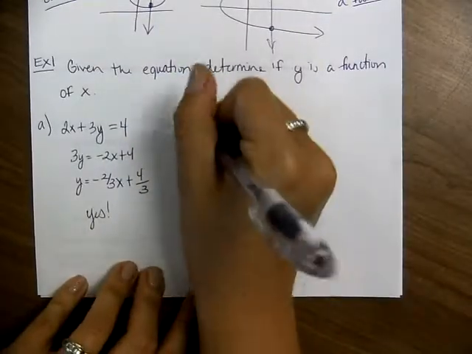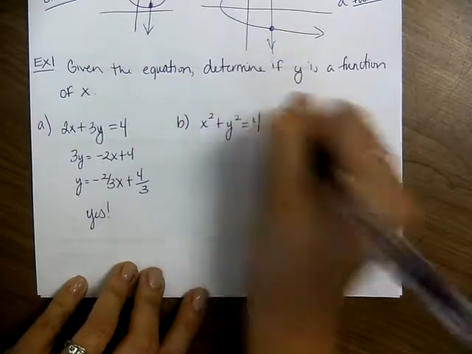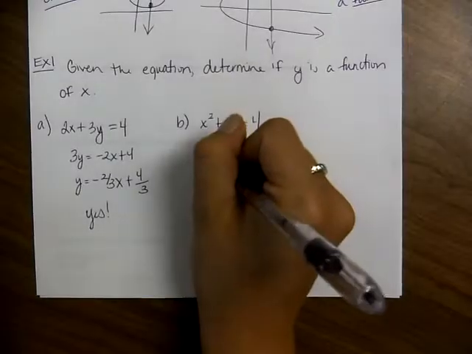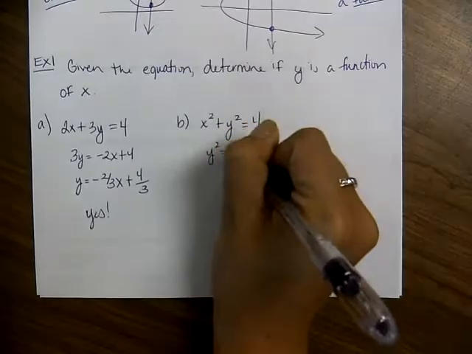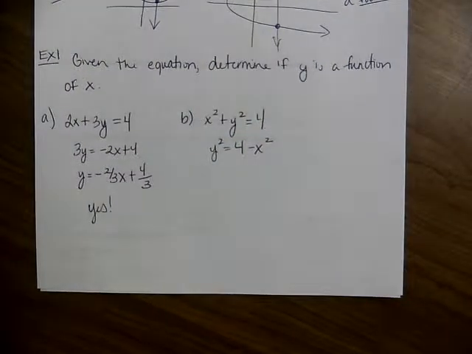Alright, let's take a look at this one. Let's say we have x squared plus y squared equals 4. Okay, so again, you have to solve for y in order to take a look at this. So when I subtract over the x squared, I'm going to write 4 minus x squared here. And then I have to take the square root.